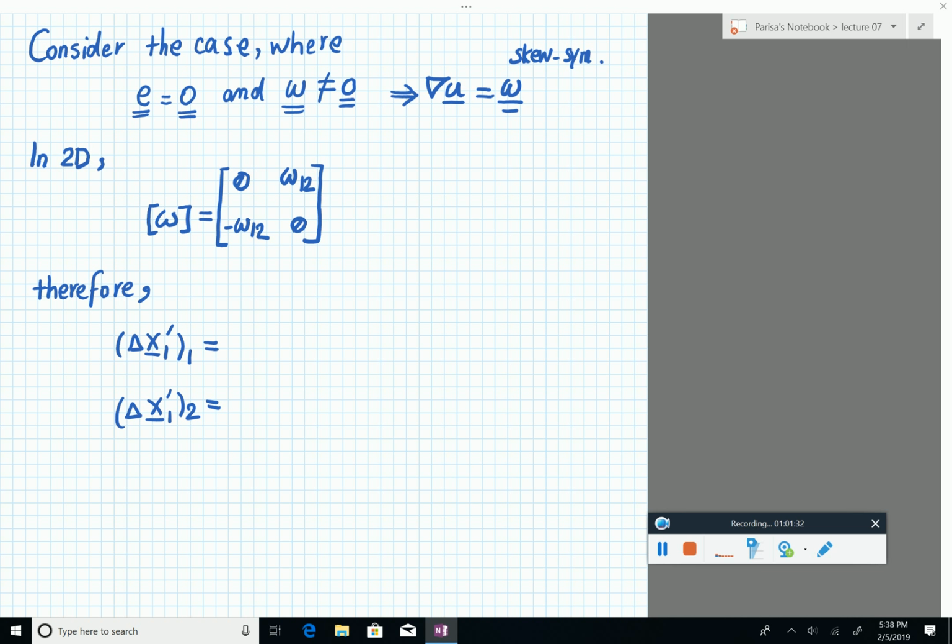Try to write it. We have the equation. So how does it look like? I write it without talking, so you have a chance if you want to write it for yourself.